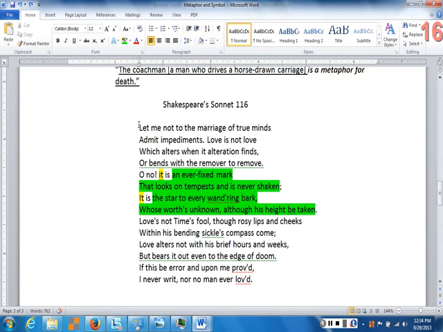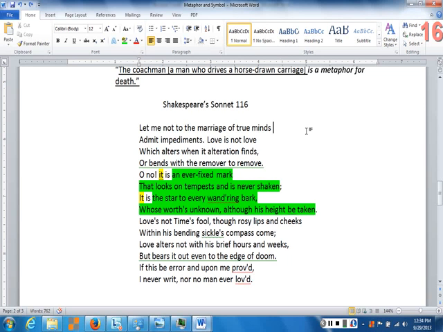Love's not time's fool, though rosy lips and cheeks within his bending sickle's compass come. Love alters not with his brief hours and weeks, but bears it out even to the edge of doom. If this be error, and upon me proved, I never writ, nor no man ever loved.